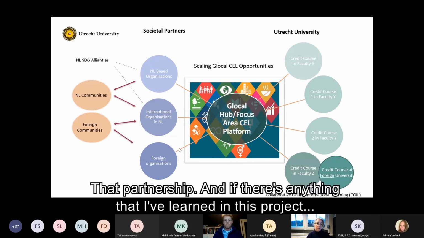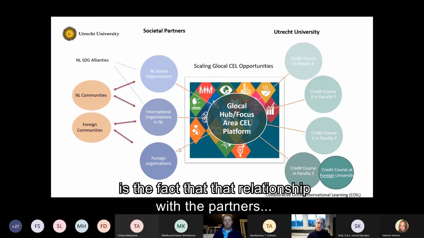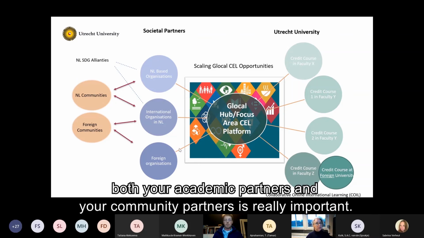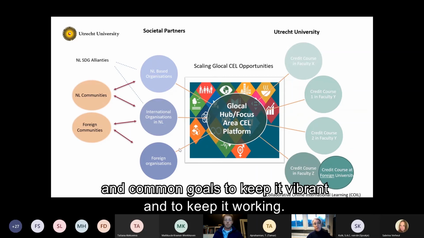If there's anything I've learned in this project and other projects I've had since then that involve community engagement, it's that the relationship with the partners, both your academic partners and your community partners, is really important. It has to be established, and you have to have really clear common interests and common goals to keep it vibrant and to keep it working.